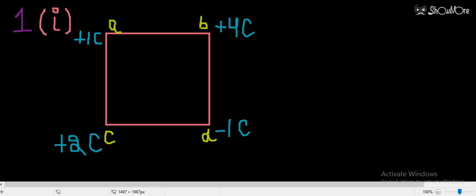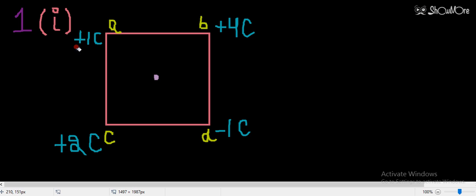And now what you have to find? You have to find the magnitude of electric field at the center of this square. So here you have to find it at this particular point which is denoted here. So students, we are going to start the question. If you pay complete attention here, then you can easily understand this question.